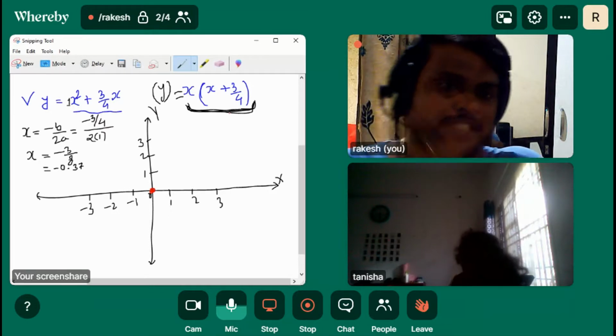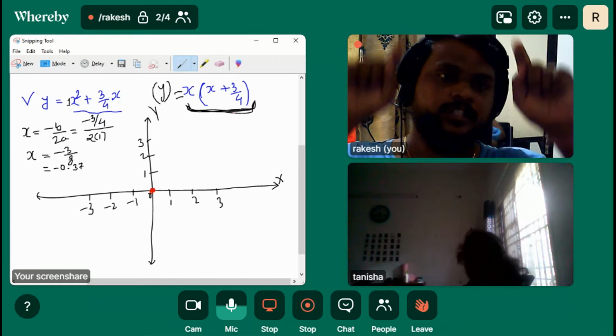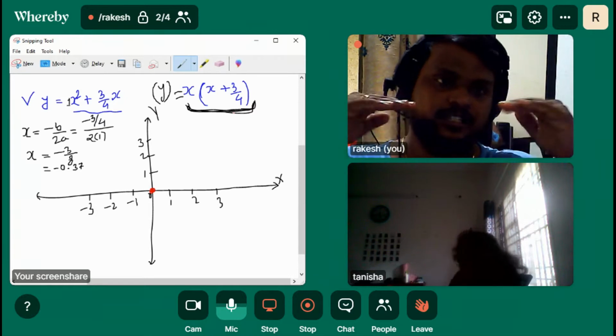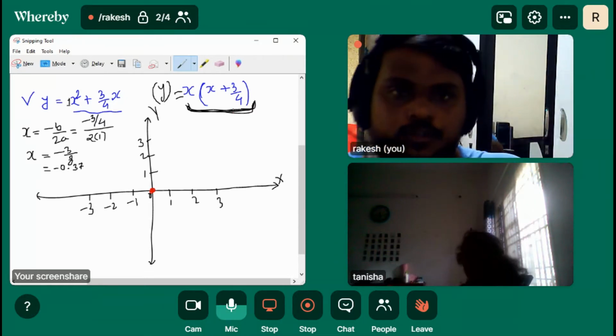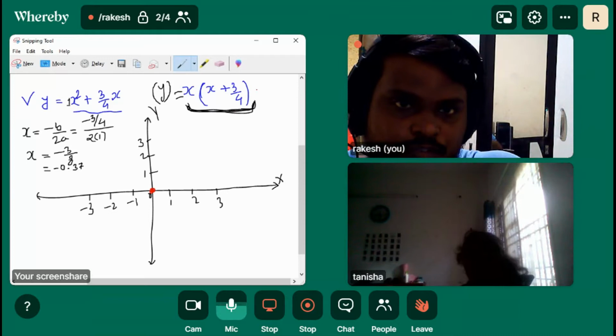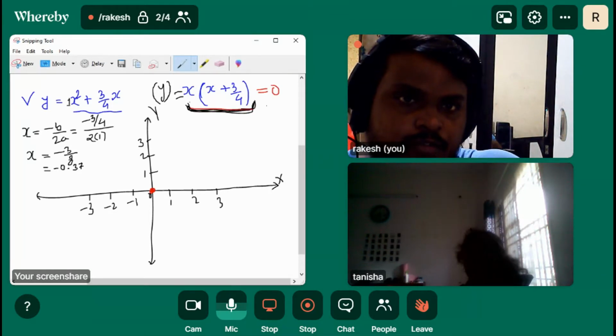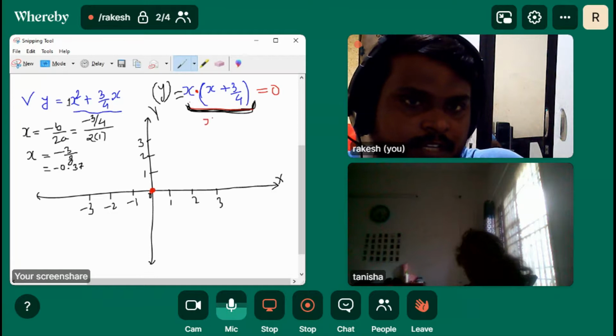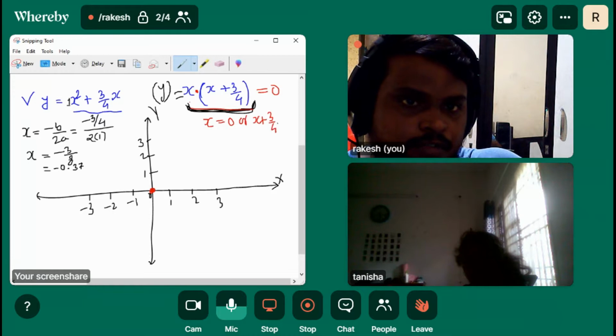We are looking for the x-intercept, where the graph intersects the x-axis. So we just put y is equal to 0 here. So this equation is equal to 0, and the product of these two terms is 0. It is possible only when x is equal to 0 or x plus 3 by 4 is equal to 0.